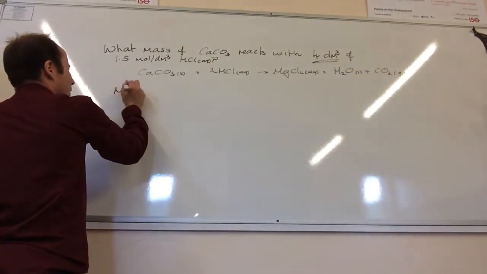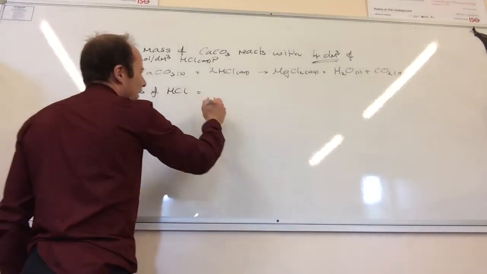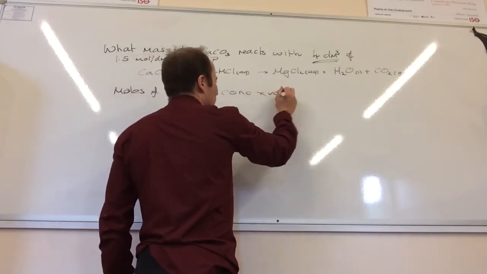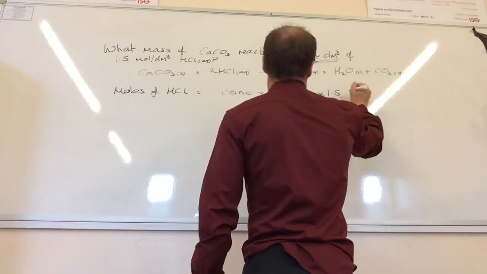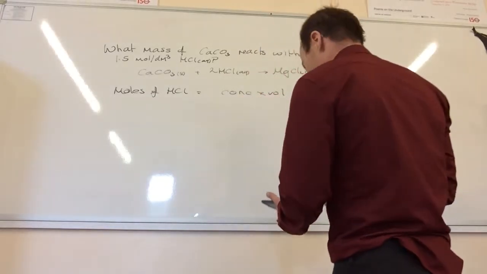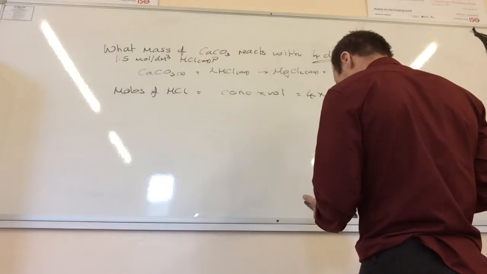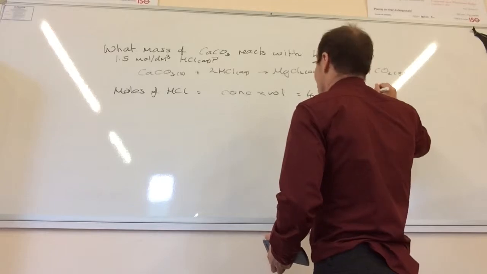So I'm going to work out the moles of HCl, which is a solution. So it's concentration times volume, which is 4 times 1.5. That comes to 6 moles.